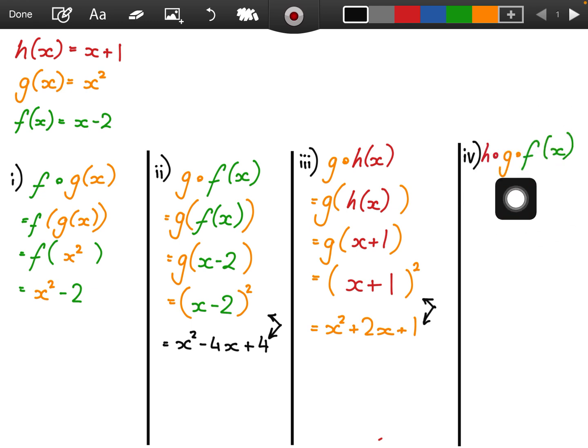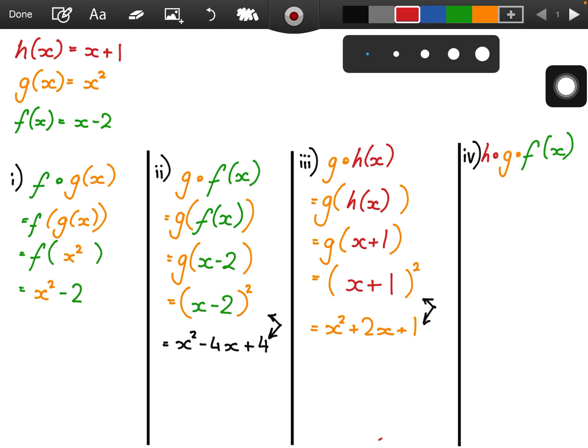Okay, so let's have a look at this one. So now it is 3 functions. Basically the function h is applied after the function g after function f on x. So whatever my answer for f of x is, g has to be applied to that, and then h applied to whatever that was.